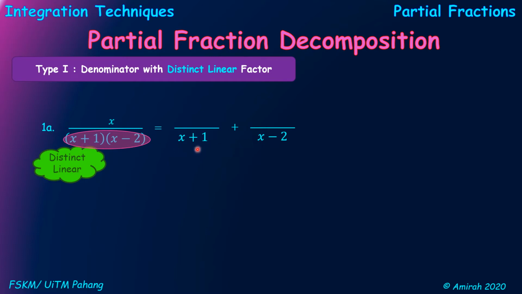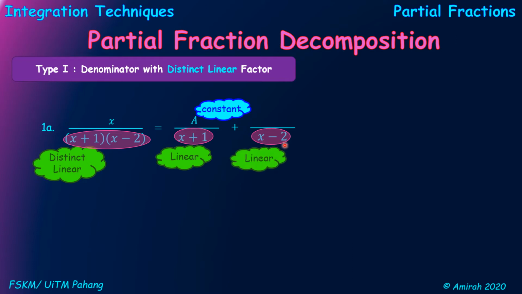Okay, so from here, we have denominator with x plus 1, which is linear factor. So we can write numerator equals to constant a. And then from the second fraction, we have denominator x minus 2. It is also linear factor.